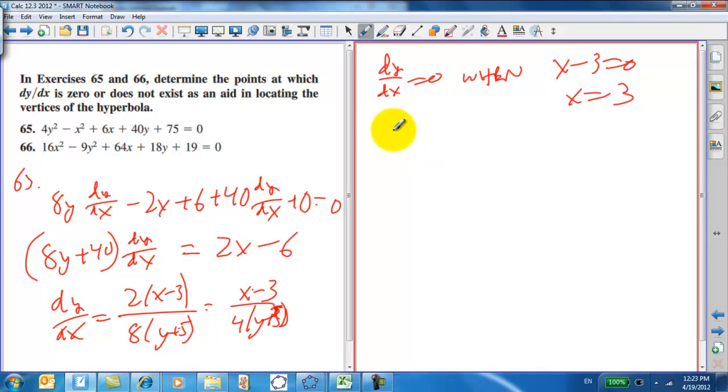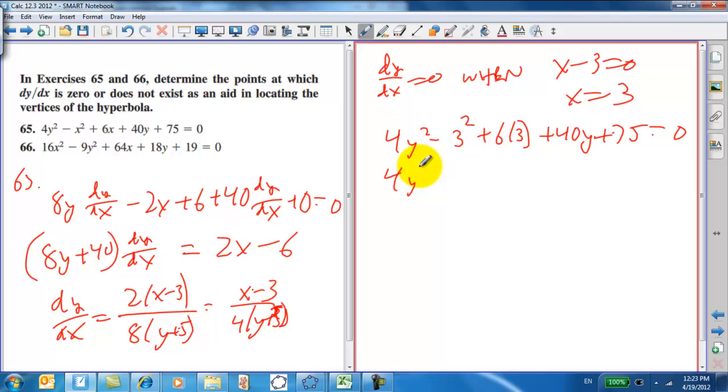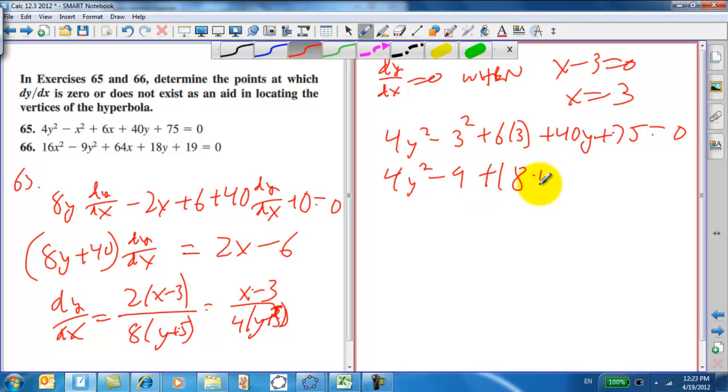So let's try that. 4y² minus 3² plus 6 times 3 plus 40 times y plus 75 equals 0. So 4y² minus 9 plus 18 plus 40y plus 75 equals 0.